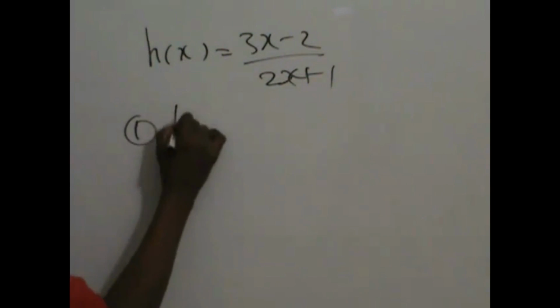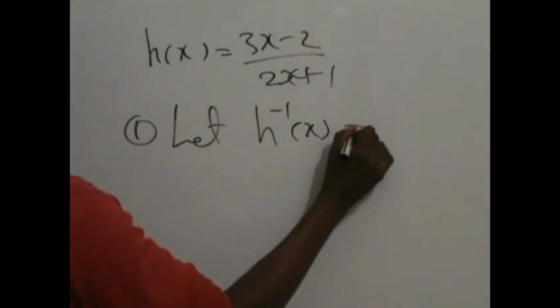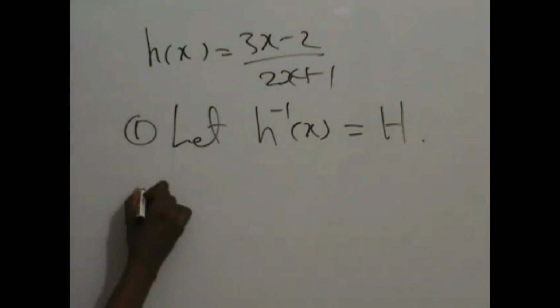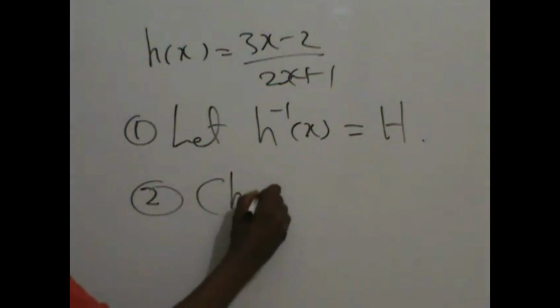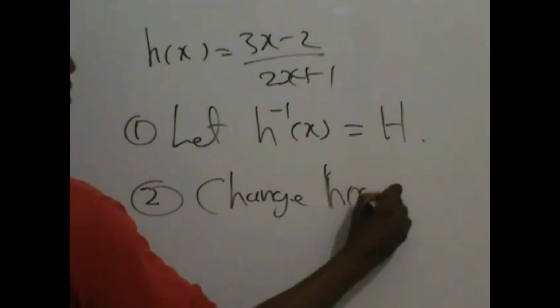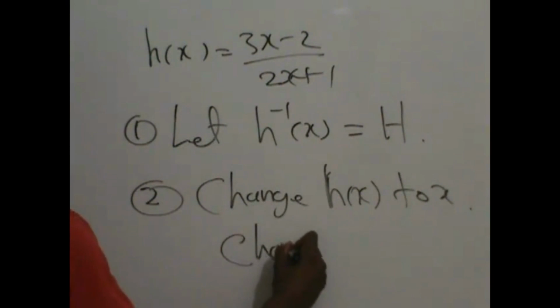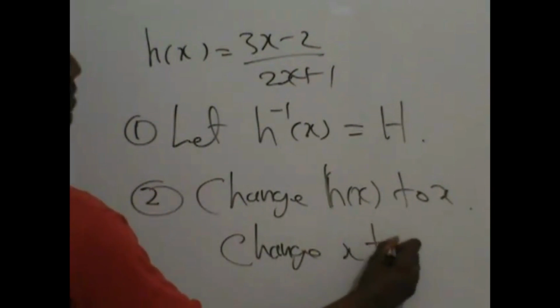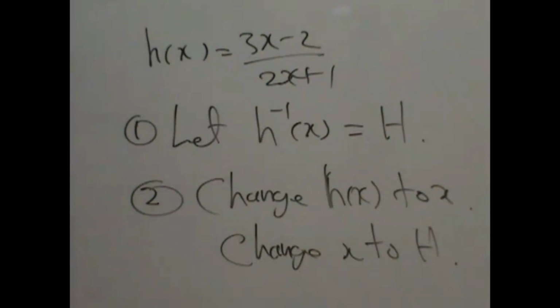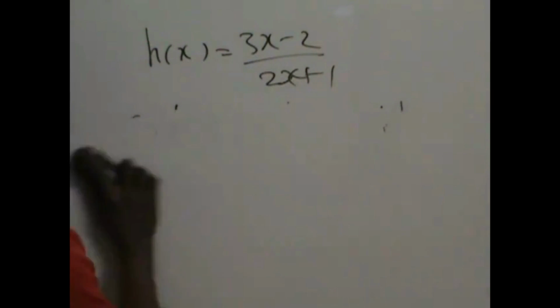So in step 1, we say let H minus 1 of x equal big H. In step 2, we say change H of x to x, and you change x to big H. Note, we write now the steps. So we rub this off again now to make more room.